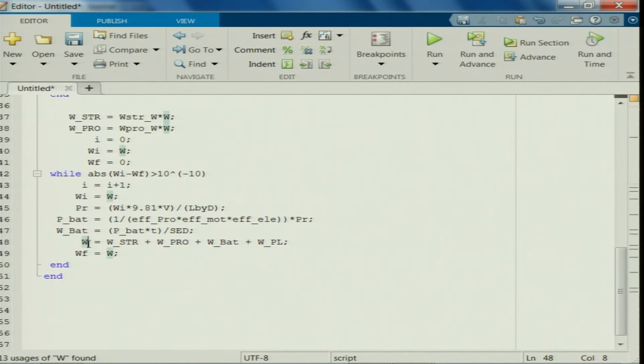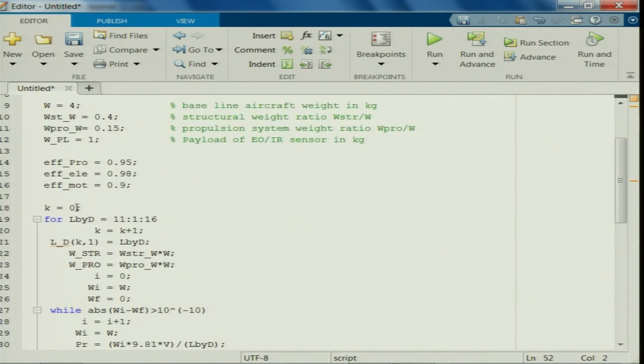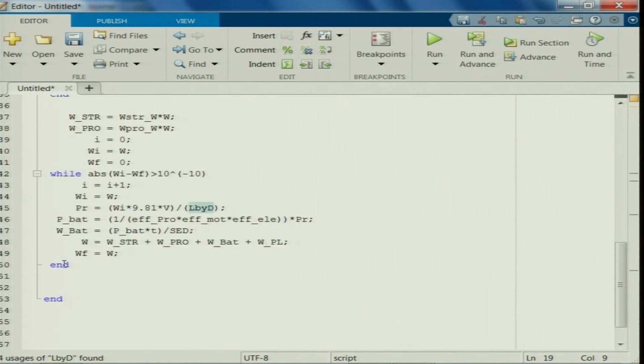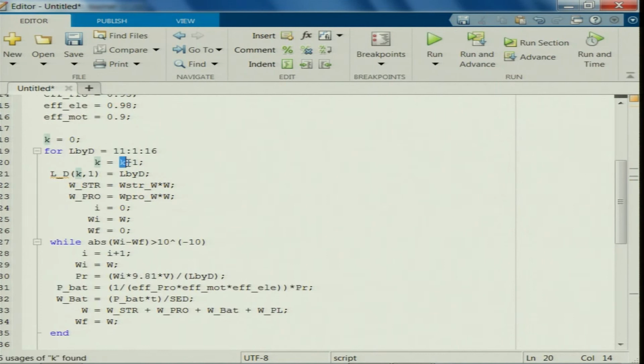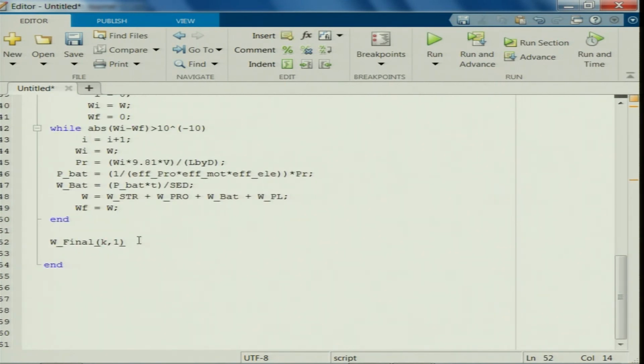Finally, the weight that I am going to get here is the end of this particular loop. So, for each L by D it ends after these 2 while loops, right. So, that means the final weight of the UAV, W underscore final for that particular L by D, which is k comma 1, is equal to the W that I am going to get here, or WF, whatever it is, that is stored.